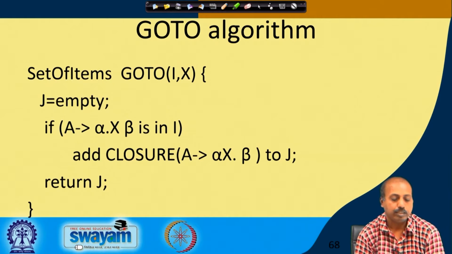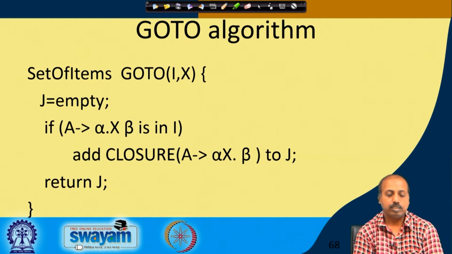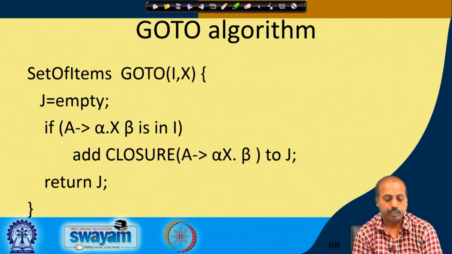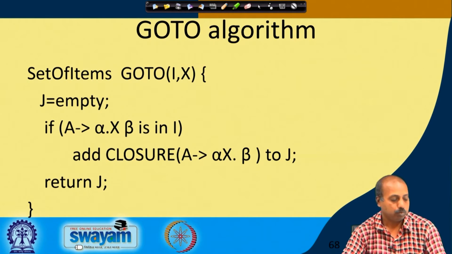It starts with J equal to empty, and if A producing alpha dot x beta is in I, then we add closure of A producing alpha x dot beta to J. So, on x it will go from alpha dot x beta to alpha x dot beta, and then we take the closure of it and add that item to J. It returns J. So, this is the goto part.